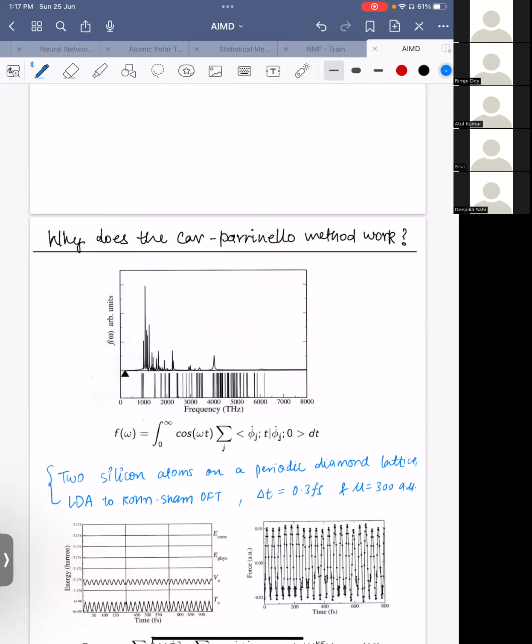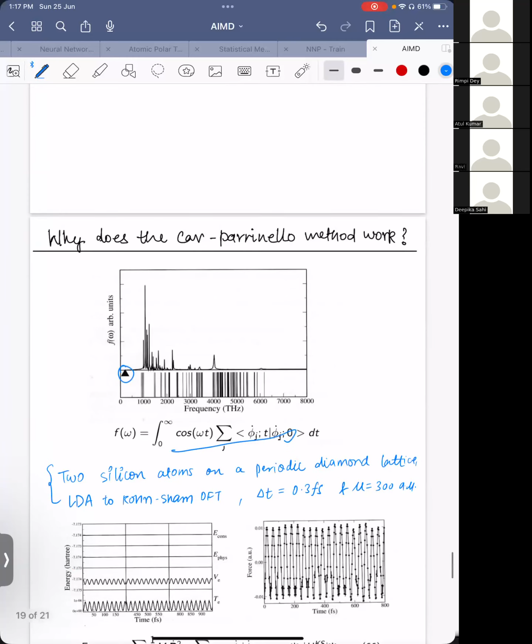This is the dynamics generated by this Car-Parrinello Lagrangian. This is the Fourier transform, basically the velocity autocorrelation of the electrons. And this triangle is the highest frequency of the nuclear phonons. We can see there is a separation between both these modes.